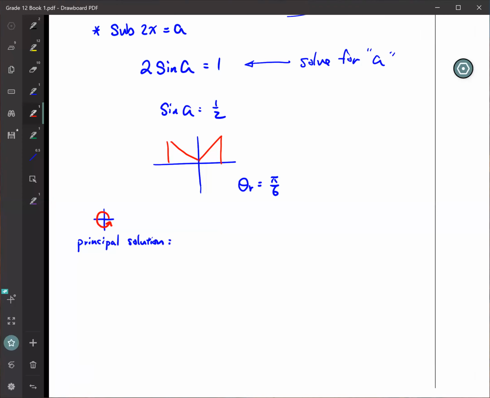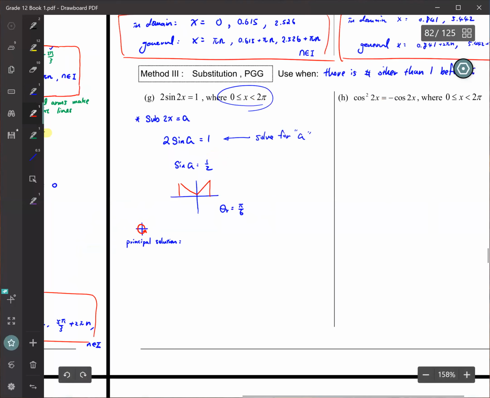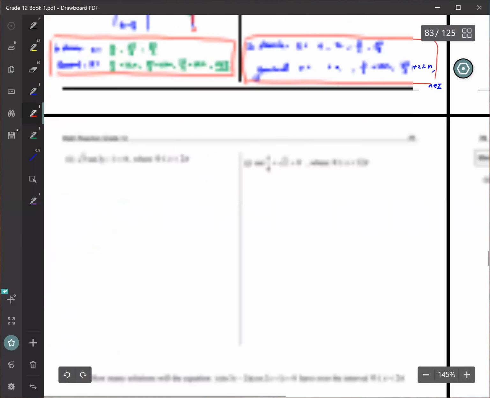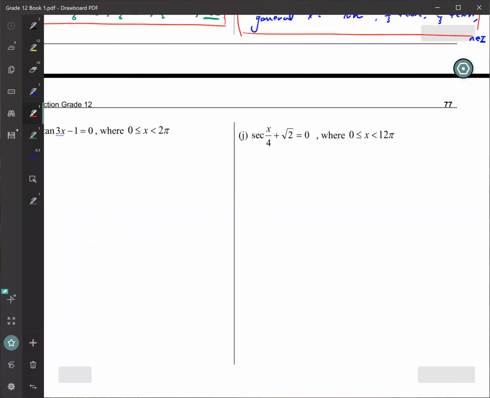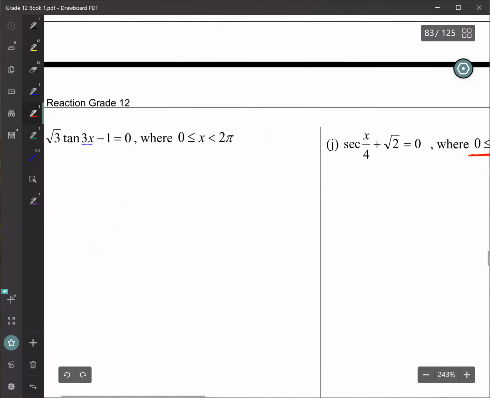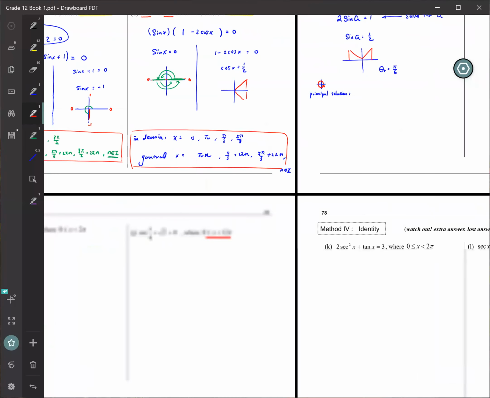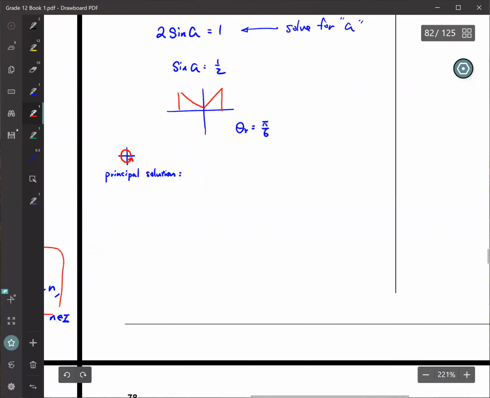This is not because of the domain. If you look at the other question, for example, on the next page, you have question J. J has a domain of 0 to 12 pi, right? Maybe they can change the domain to 0 to pi if they want, but it doesn't matter what the domain is, you will start by finding anything within one circle.